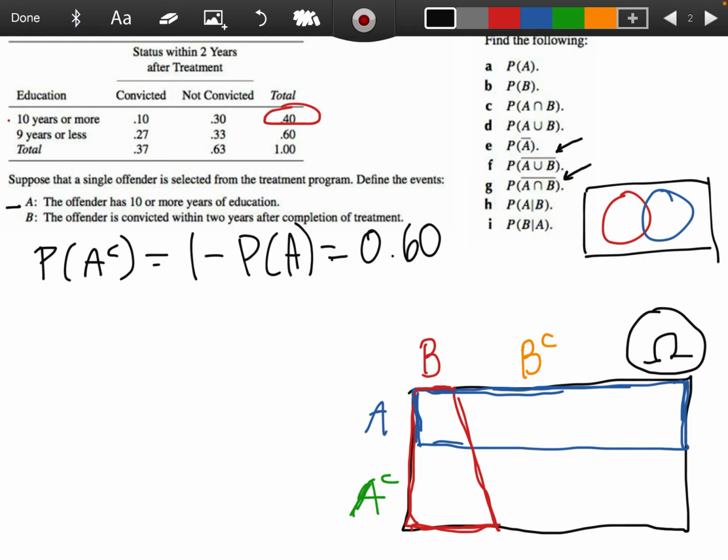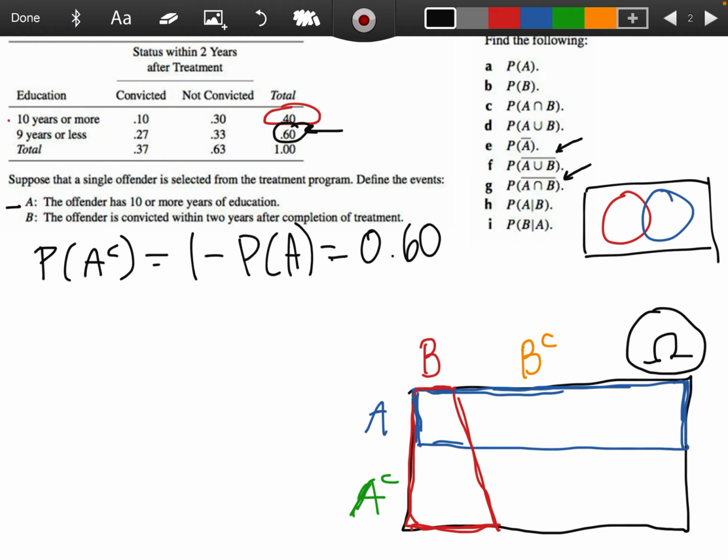And with the table itself, we can read directly off it: the 9 years or less is the complement to the 10 years or more, so we didn't even really have to do that subtraction because we had it right there in the table. But I'm going through these steps because often you won't have the table.